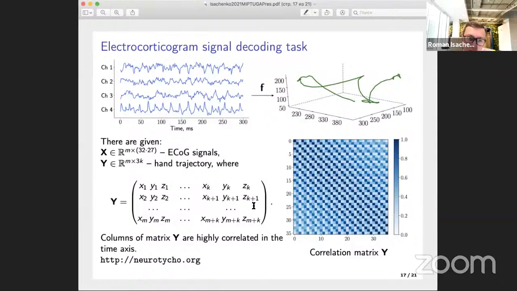We have lots of target vectors, and these successive moments of time are correlated. And if we look at the correlation matrix, we will see that moments of time are really correlated. X, Y, and Z components could be not correlated at all. Yes, it's true.